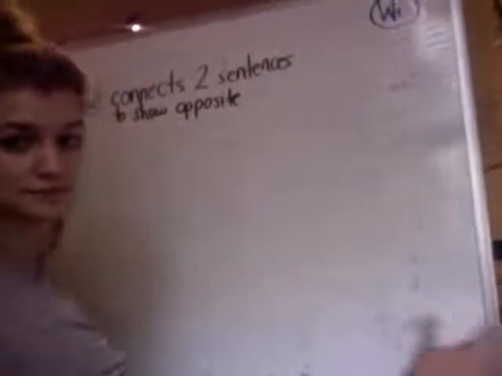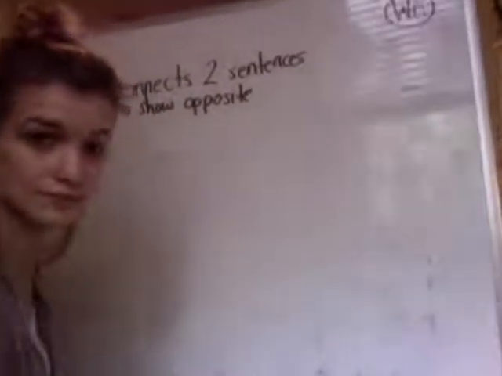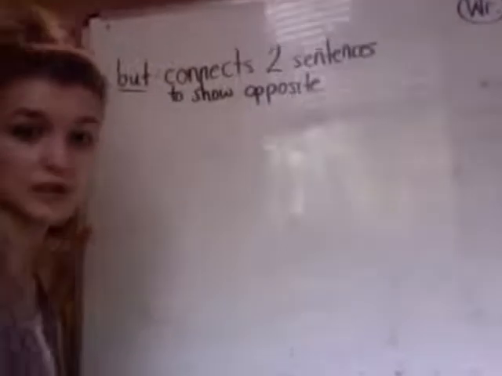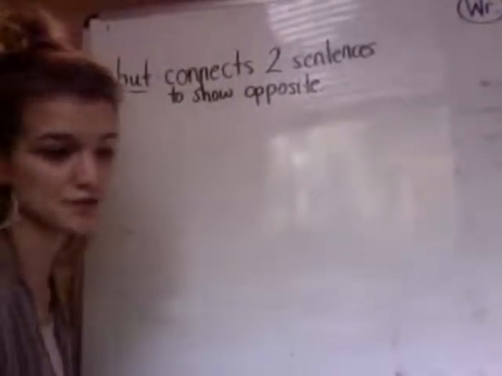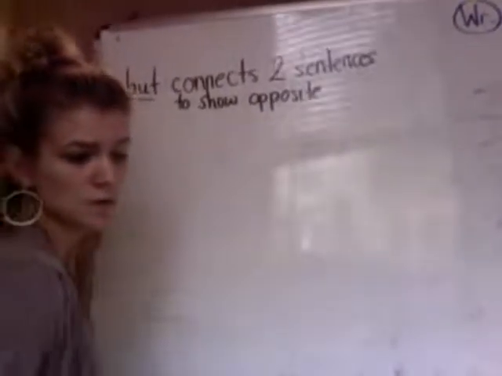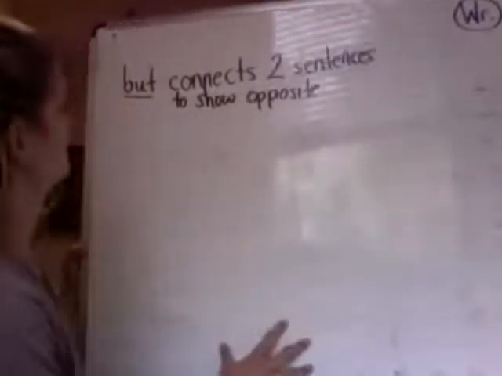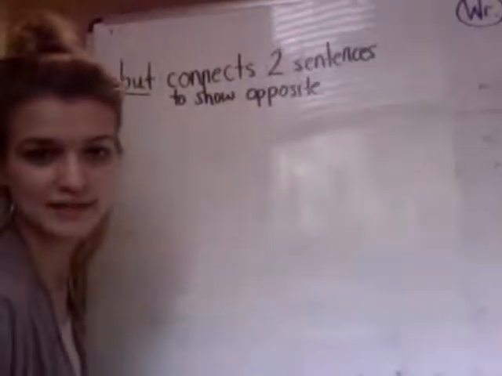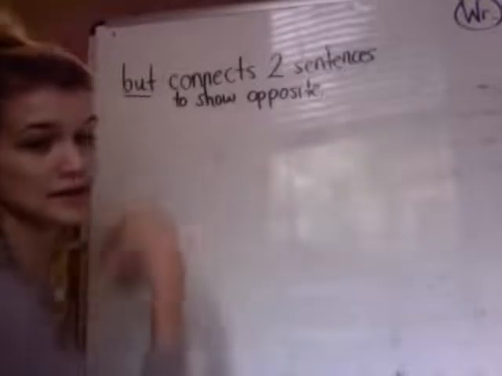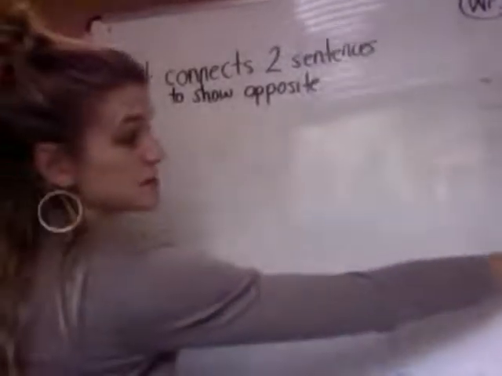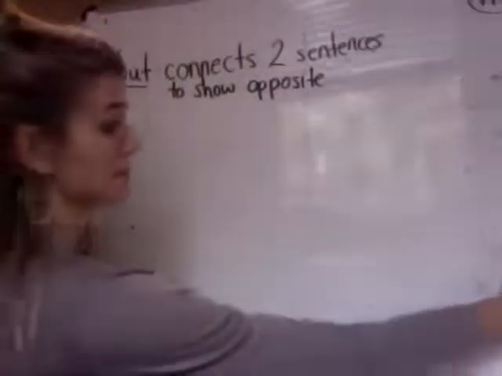All right. We've talked about this a lot this year, so it's not super surprising. So I'm going to do this really simply. I'm going to do two sentences. And to use the word "but," they need to be opposites. So I'm going to use something real simple.